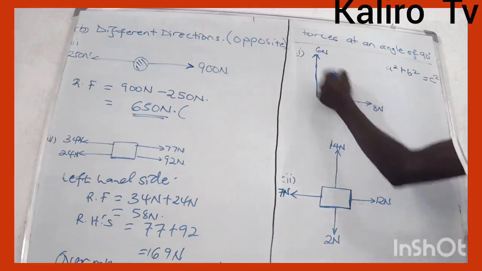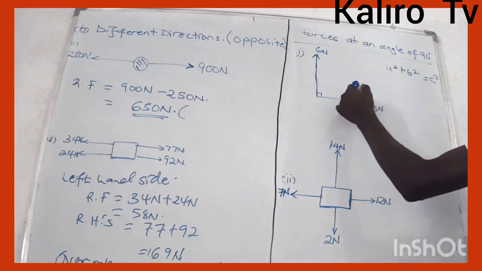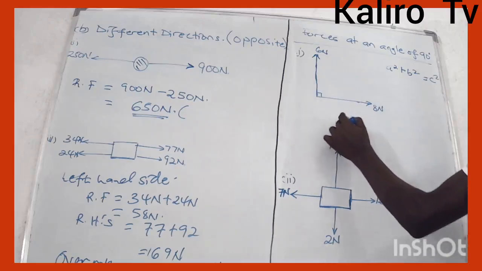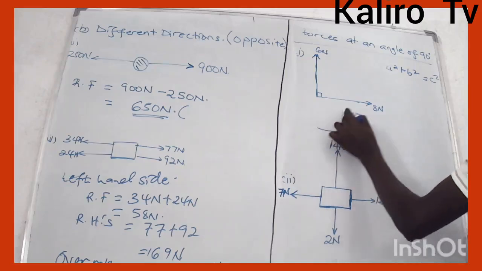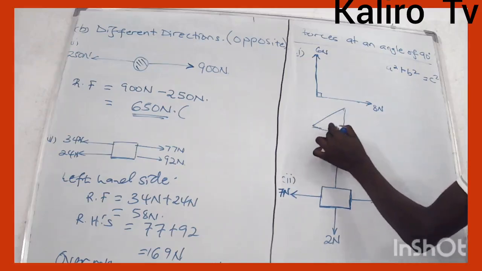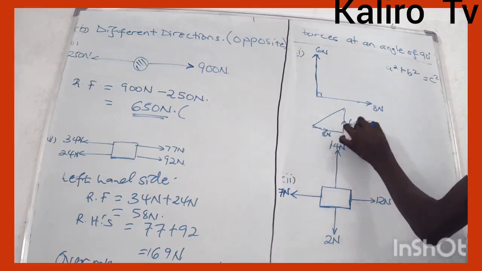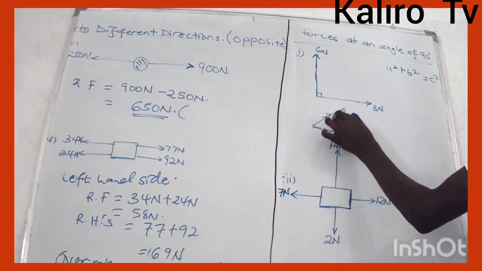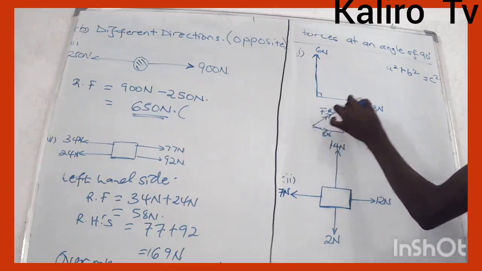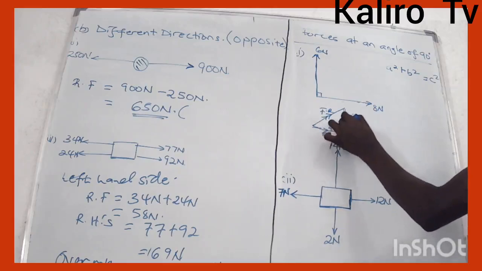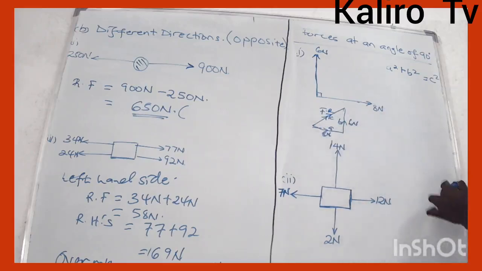When you complete the triangle, we shall have 8 newtons, 6 newtons, and this one is going to be our force resultant, which will be our A, B, and C.